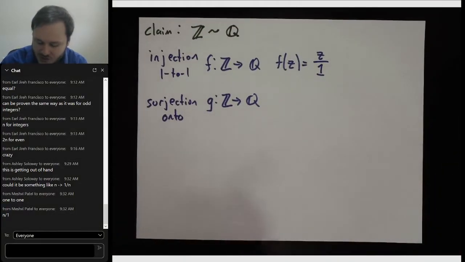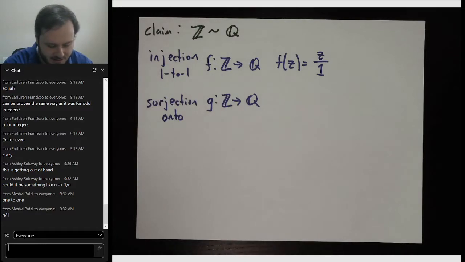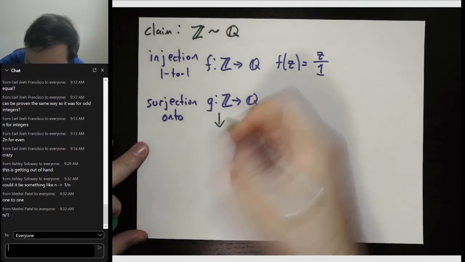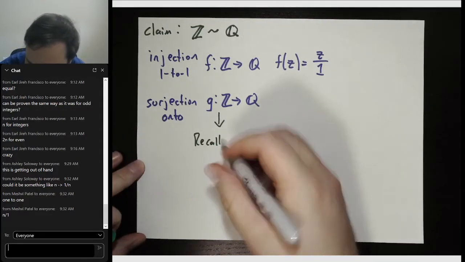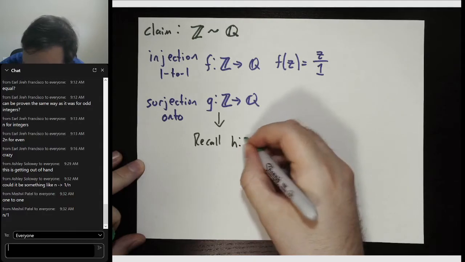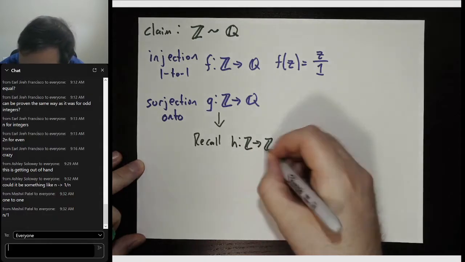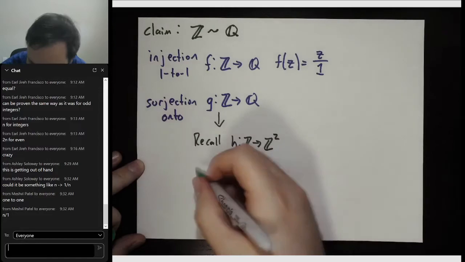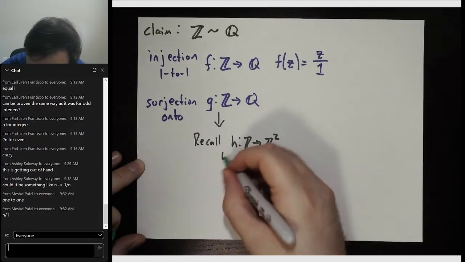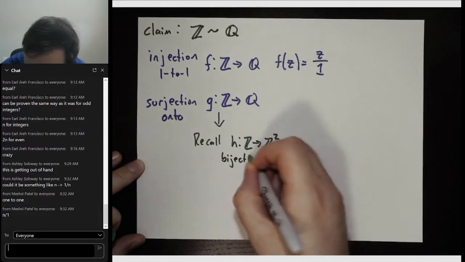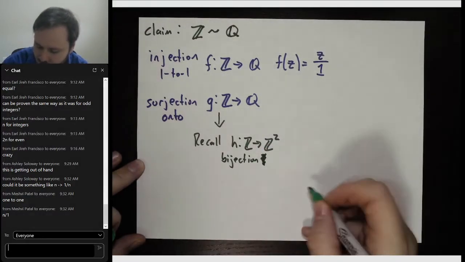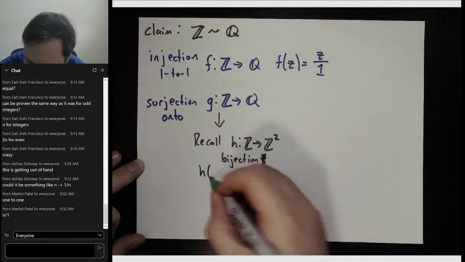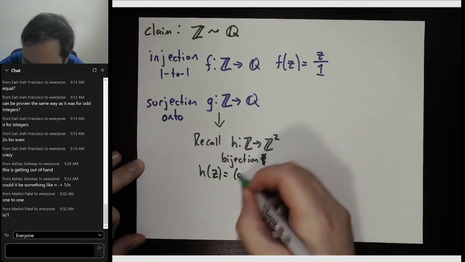What I'm actually going to do with the surjection is say, you know how I said, recall that there is a function, let's call it h, from the integers into the integers squared. That's a bijection. So let's say that h of z is (a, b).